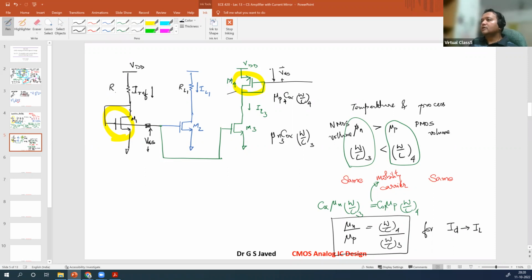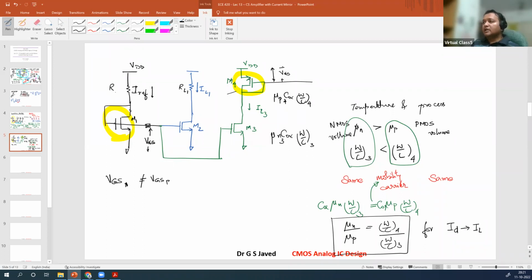Now remember, the VGSN for NMOS will not be the same as VGSP, because you are changing the resistance value. W by L is going wider. So this might be a different VGS value.